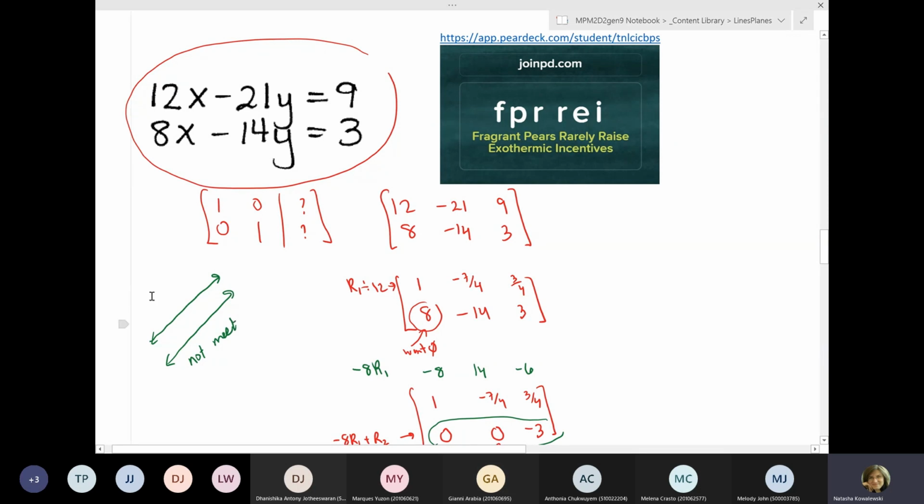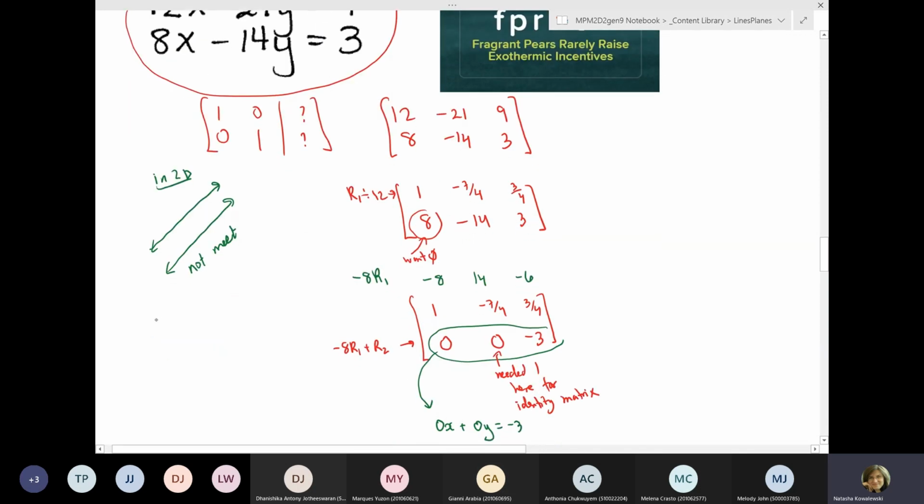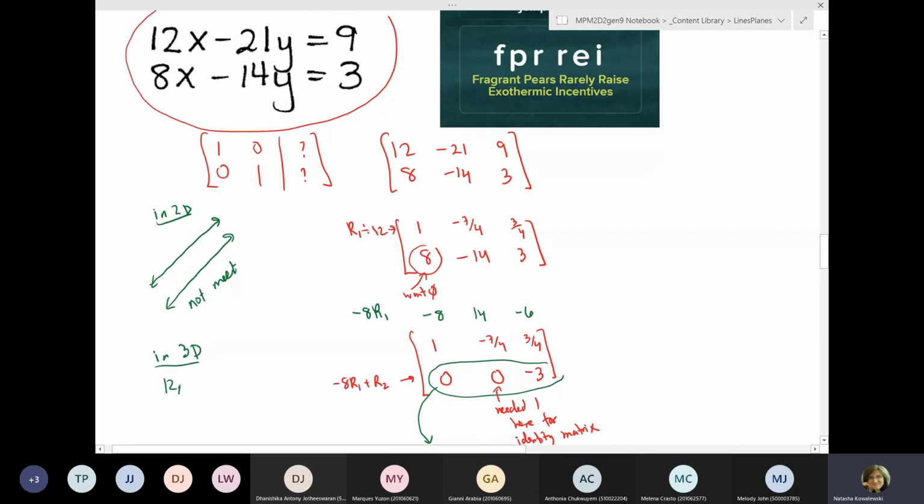Now this is in 2 dimensions, there are 2 lines. In 3 dimensions, this would be 2 planes. So in 2D, it's 2 lines. In 3D, if you're thinking about it as if there is a plus 0z there, it would be 12x minus 21y plus 0z equals 9.